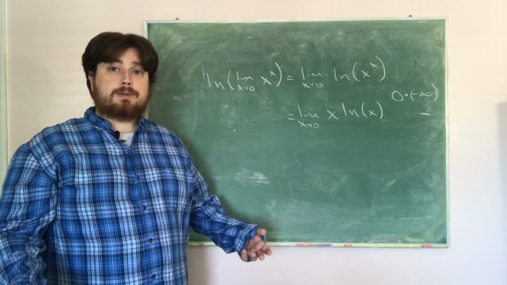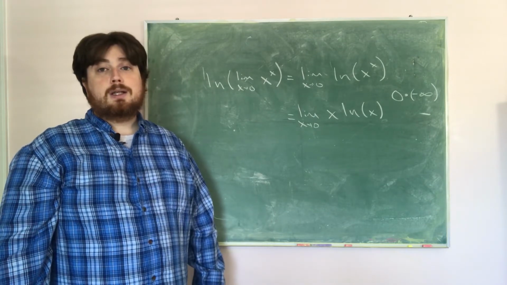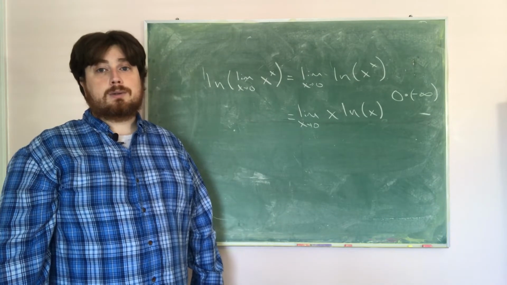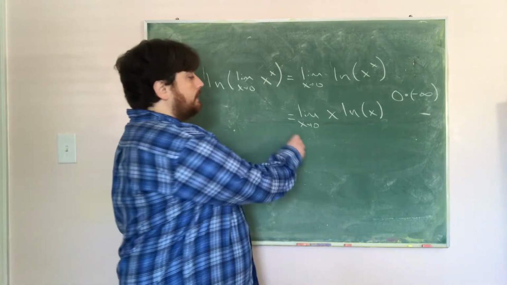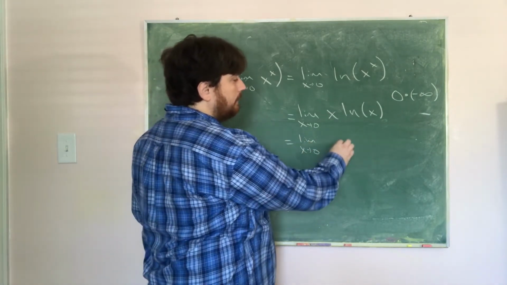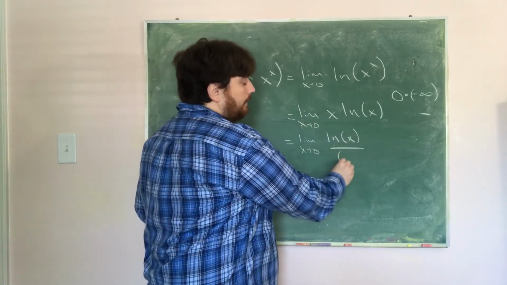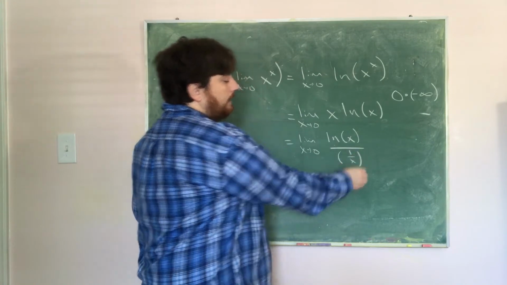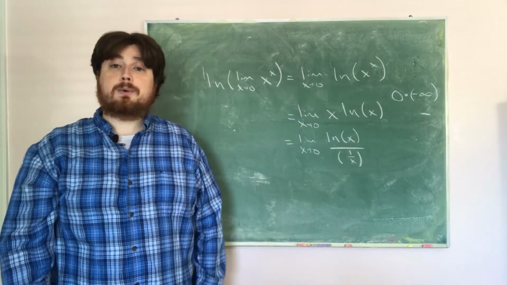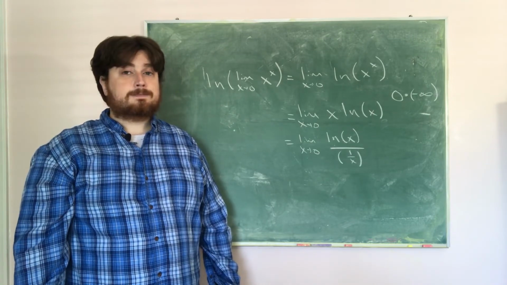So we want to be able to use L'Hopital's rule, but we have a product instead of a quotient, so we have to turn the product into a quotient. What we would do is the same thing we did last time: we're going to take the limit as x goes to 0 of, and now I'm going to pull the x to the bottom by writing this as natural log divided by 1 over x, which is the same as x times natural log of x.